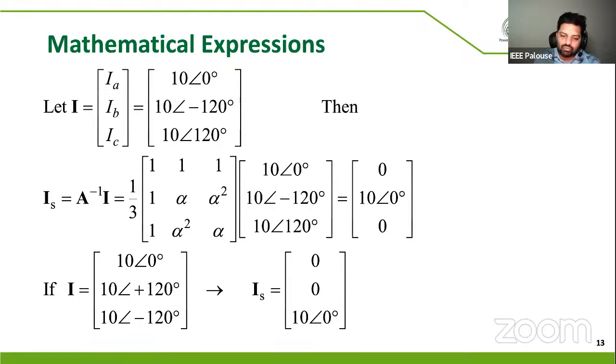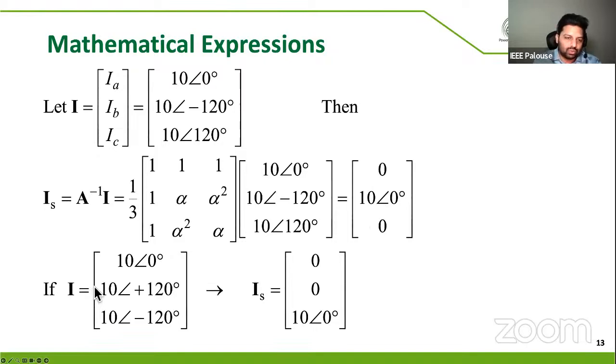If you do not have unbalance in the system, the positive sequence is exactly equal to the phasor quantities, so you will get only the positive sequence component. That is evident in this equation. This is the zero sequence, which is zero. This is the positive sequence, and this is the negative sequence.